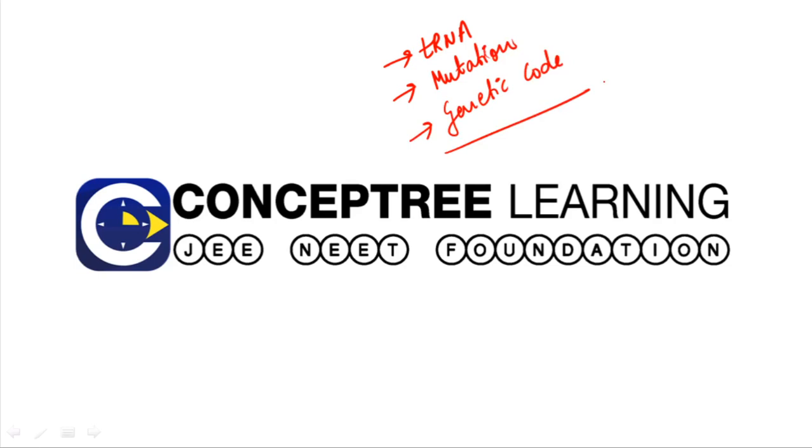So you definitely need to know that the genetic code is unambiguous, degenerate, and non-overlapping. A codon like UUU will always code for phenylalanine and nothing else, but phenylalanine can be encoded by more than one codon. So it is important to know the difference between the unambiguous nature and the degenerate nature.